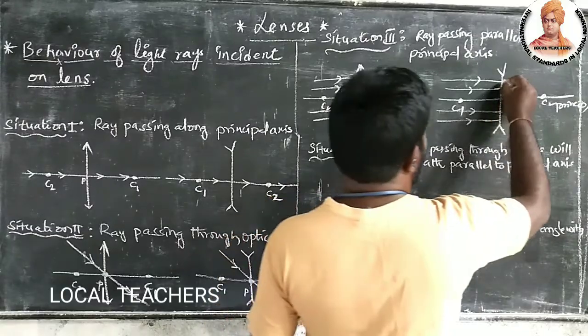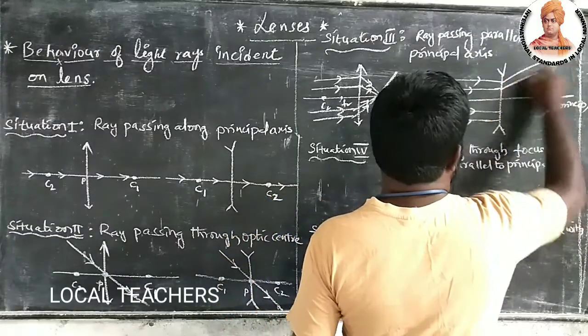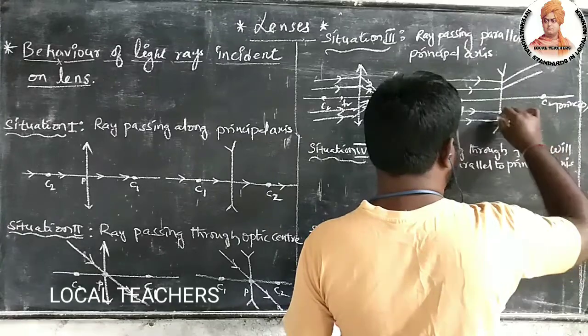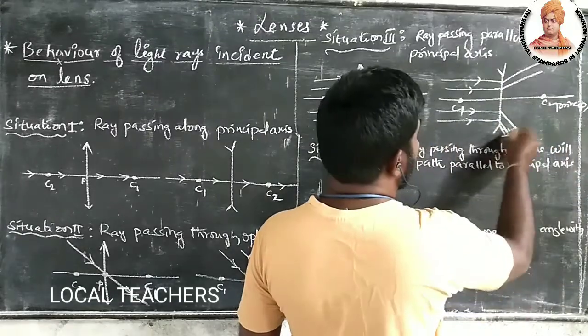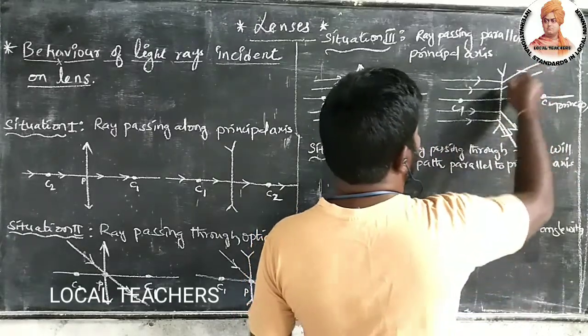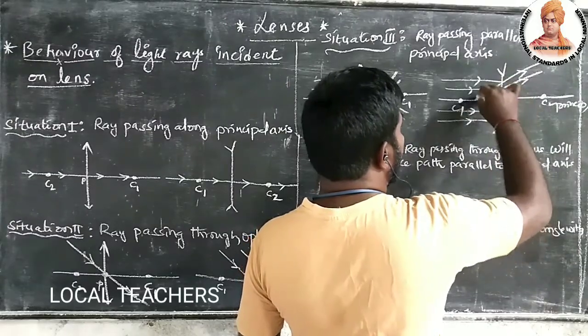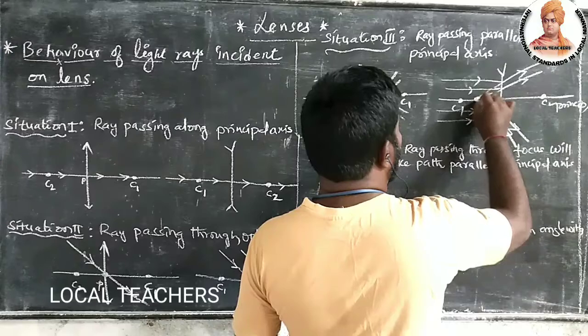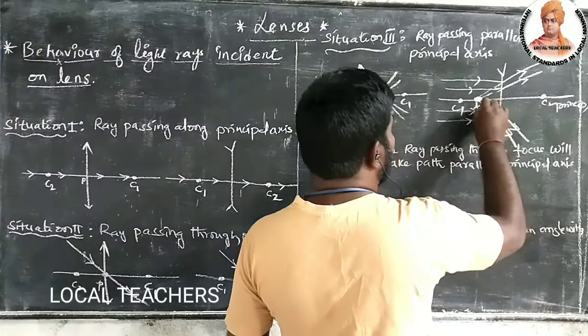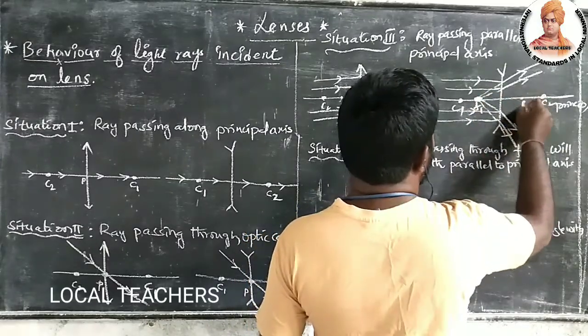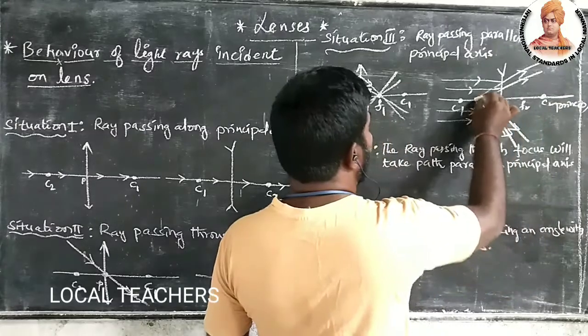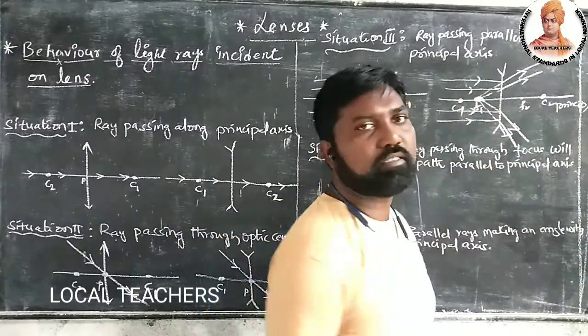After refraction, all the rays are diverging in nature. If we extend the diverged rays backward, all of them will meet at a common point. This common point is called the focus.